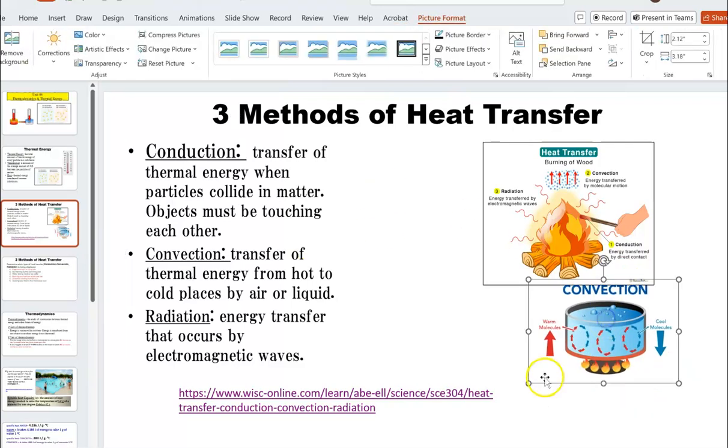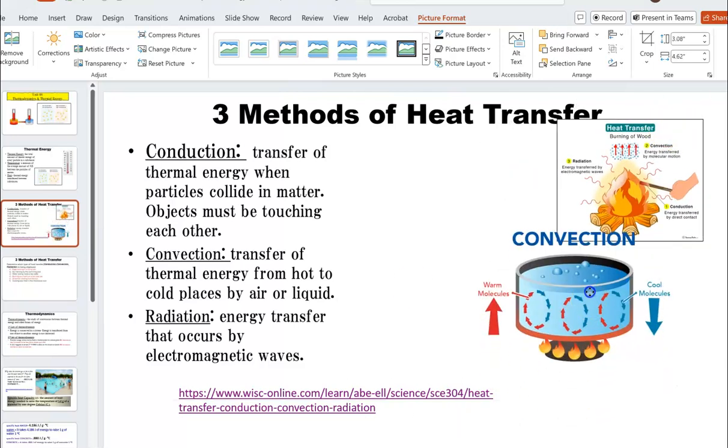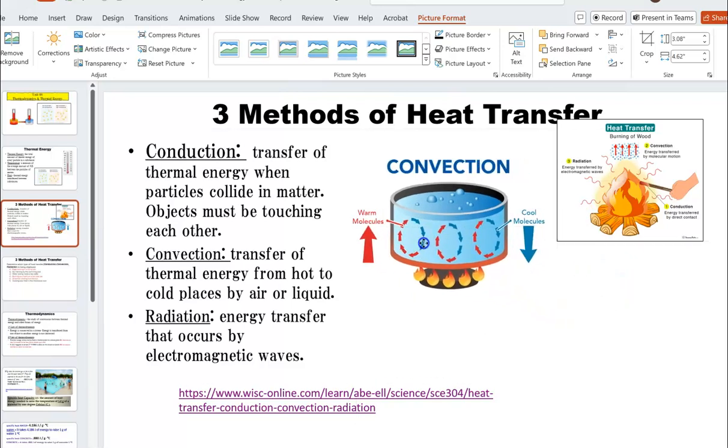So I like this picture for convection, and I do feel like sometimes it's easier with a picture. So convection, if you've got a pot of boiling water, the water on the bottom is going to get warm and it is going to rise to the top. So all that thermal energy is going to move to the top, and then it's going to hit the air and get cold.